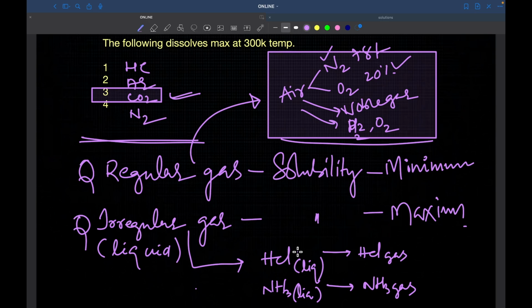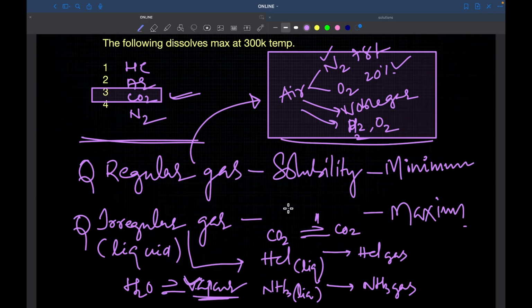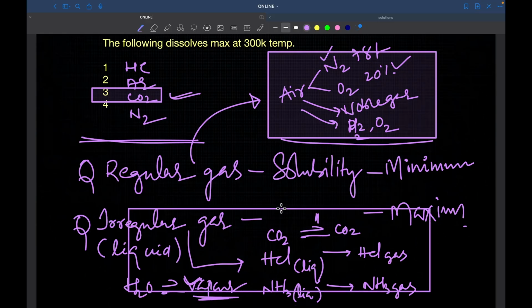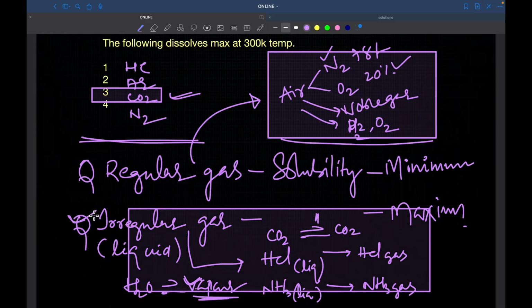But these irregular gases, CO2 is a gas but easily converted into liquid. H2O is a liquid but can be converted into H2O vapors at 100 degrees Celsius. So these gases are irregular gases, and they have maximum solubility.